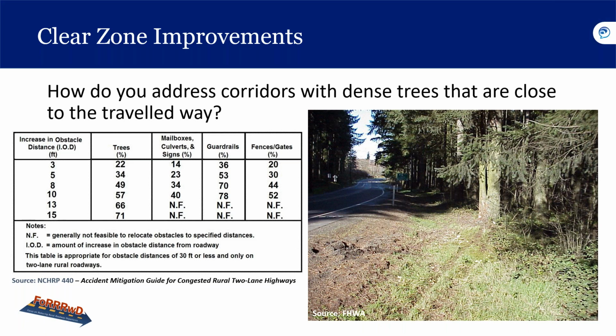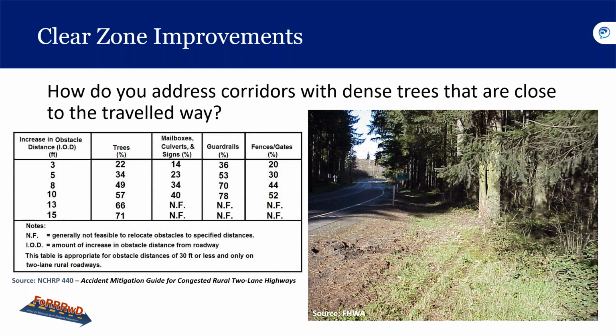So we start off with an incremental increase in obstacle distance, an incremental distance of feet. So we start off with 3 feet off the edge of the pavement, all the way up to 15 feet.